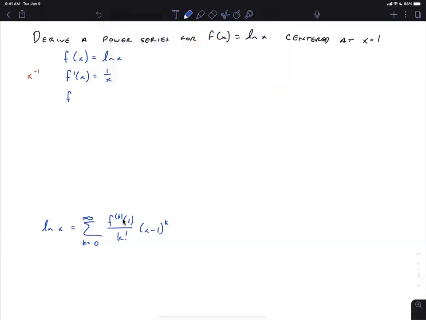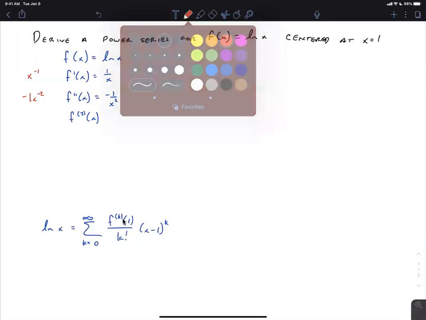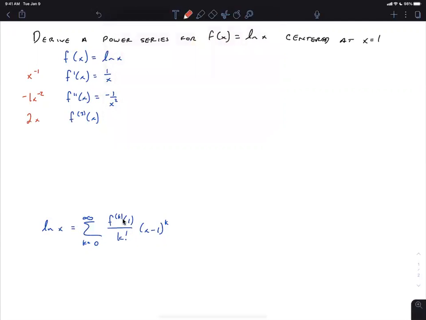So the second derivative, if we think of it as the power rule, is negative 1 x to the negative 2, but when we write that, we probably should write it as negative 1 over x squared. The third derivative is the derivative of that, which is then positive 2 x to the negative 3. And so we want to rewrite that as 2 over x to the third power.